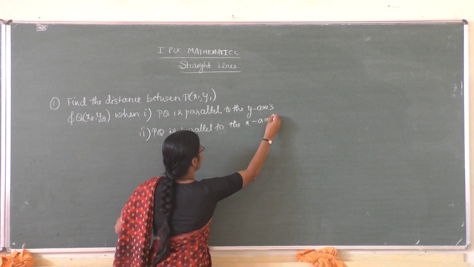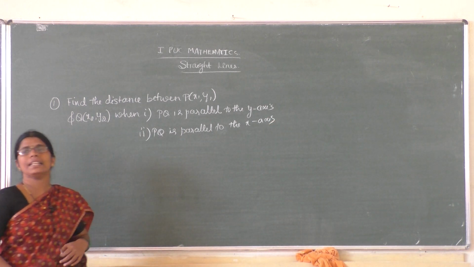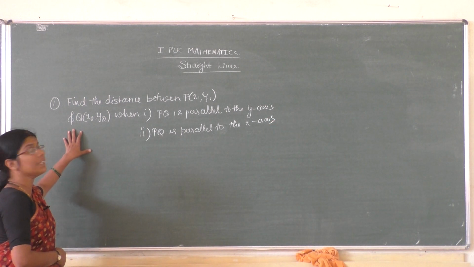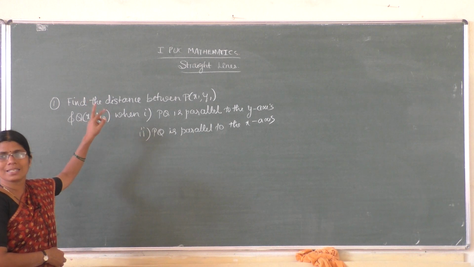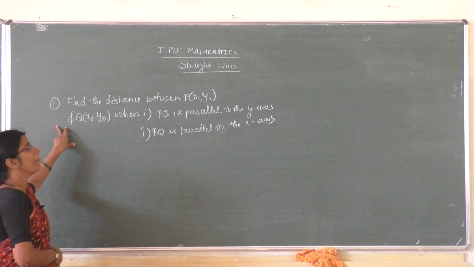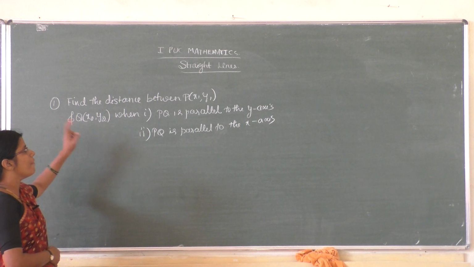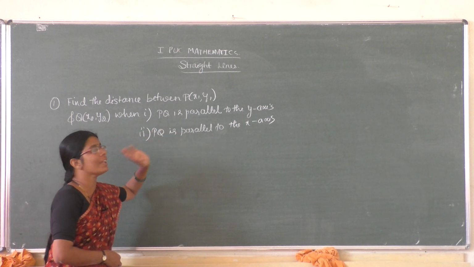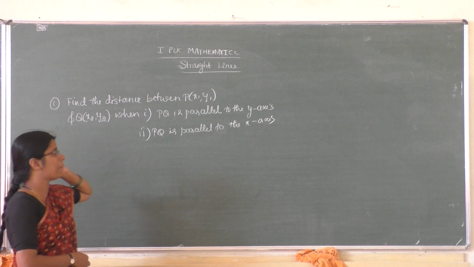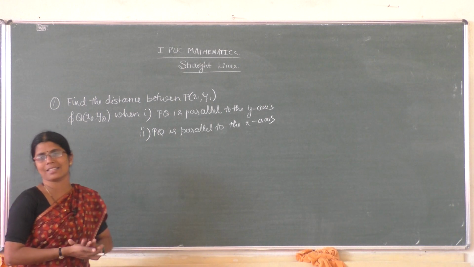So you have to find the distance between the 2 points P of x1 comma y1 and Q of x2 comma y2 when PQ is parallel to the y-axis and PQ is parallel to the x-axis.